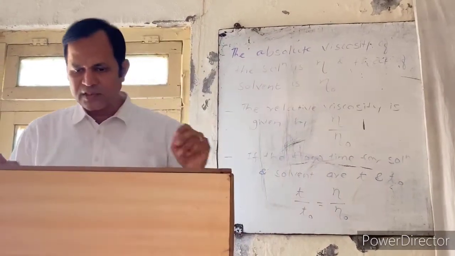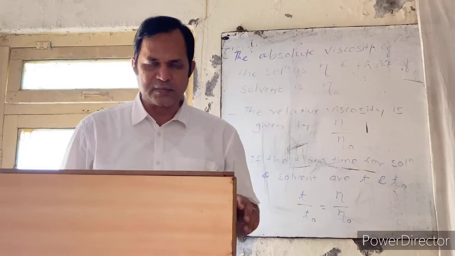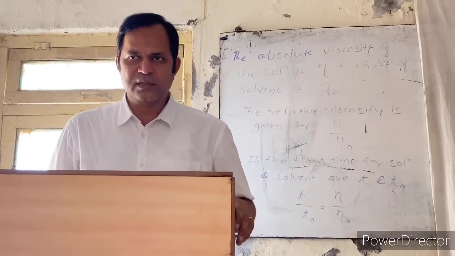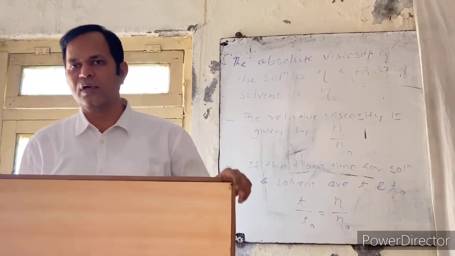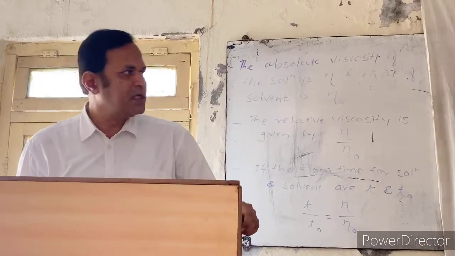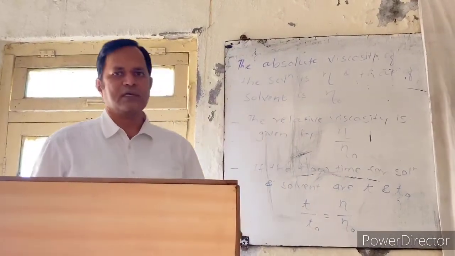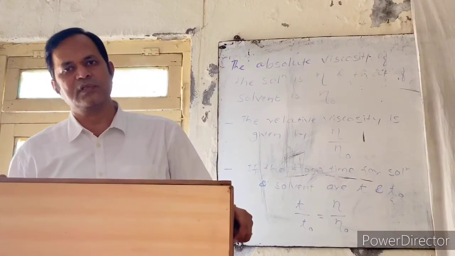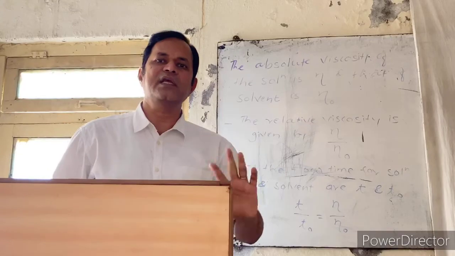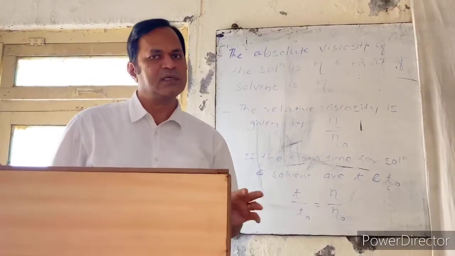You may ask, sir, what about the densities? When we did the practicals related to viscosity, you calculated the densities, but here we have taken very dilute solutions of the solute in the solvent, therefore the densities are nearly equal. That's why we are not considering the densities here.